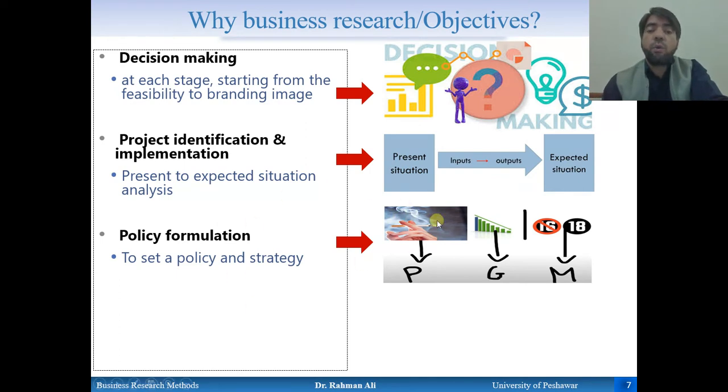So the government will set their policy that we have to reduce it to 10%, for example. And in that case, they will set a policy, and the policy will be that no shopkeeper or salesperson will be allowed to sell smoking items or cigarettes to youngsters below age 18.